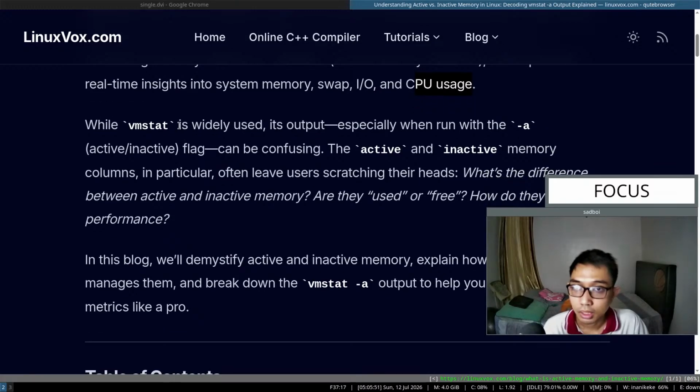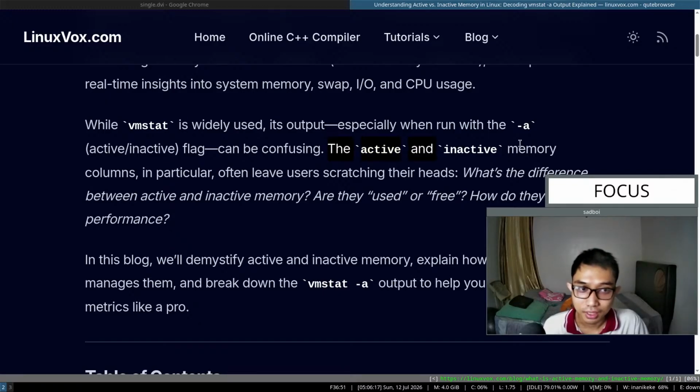While vmstat is widely used, its output, especially when running with the -a, active or inactive flag, can be confusing. I guess even without the -a flag, it is still confusing.